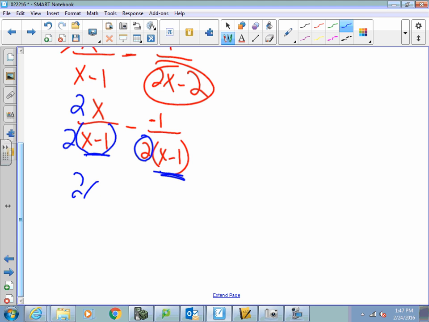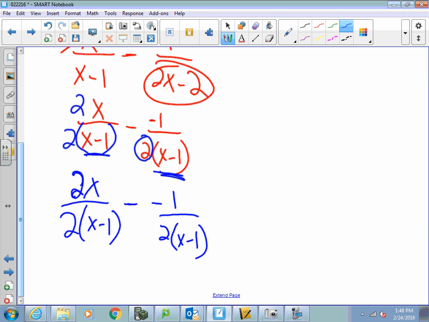So what we end up with is 2x over 2 times, I'll just keep it in parentheses right now, you could multiply it out, minus a negative 1 over 2 times x minus 1. All right, now, remember, when you're subtracting or adding fractions and you have the same denominator, you can combine the tops over the denominator and make a single fraction.